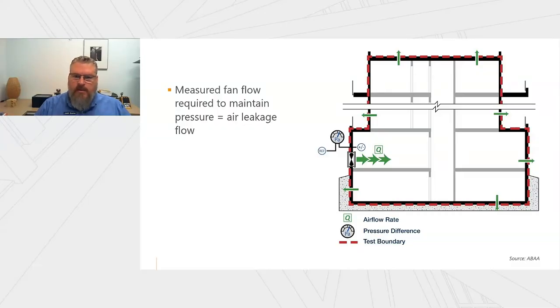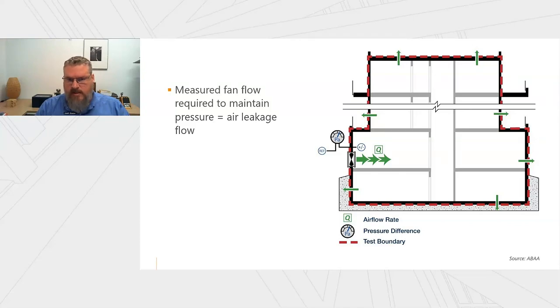And if you're delivering air to an enclosed volume and you're maintaining a constant pressure, as in the pressure isn't continuing to change, then quite simply the air in has to equal the air out in this diagram if you're pressurizing the space.